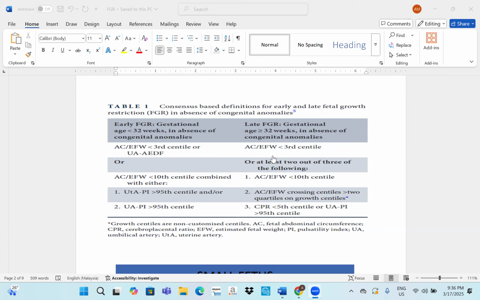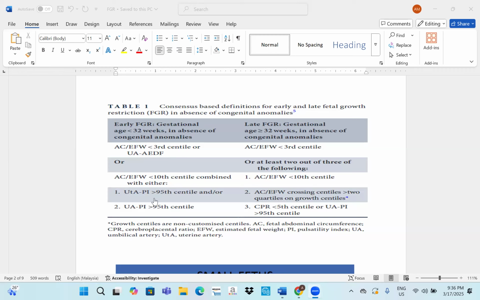For early onset, the difference is that if the umbilical artery Doppler is abnormal, we still label the patient as FGR. So, in this case, either the Doppler abnormality or the estimated fetal weight less than third centile makes the patient eligible to be labeled as FGR.